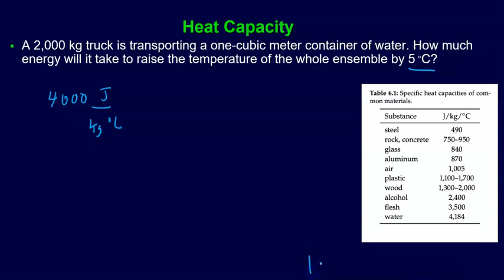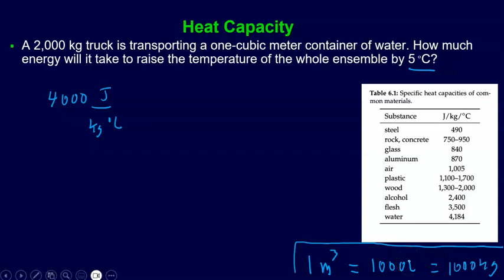For water, 1 cubic meter is the same thing as what we call 1,000 liters, which is the same thing as 1,000 kilograms. This is just something that we'll use. You can talk about 1 cubic meter, 1,000 liters, or 1,000 kilograms as being equivalent.